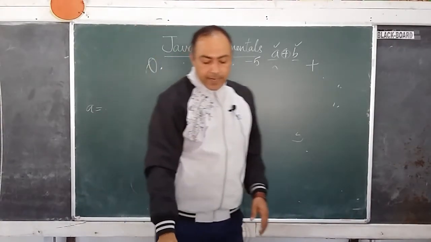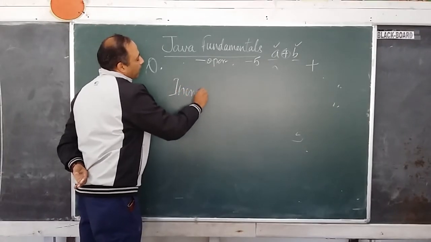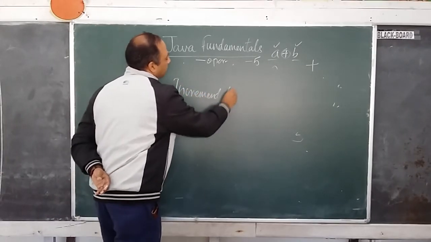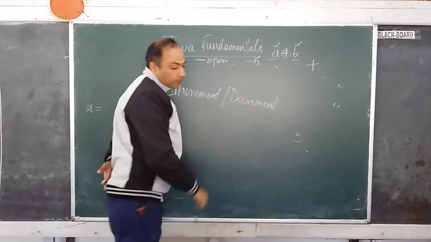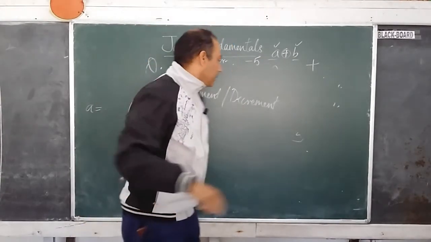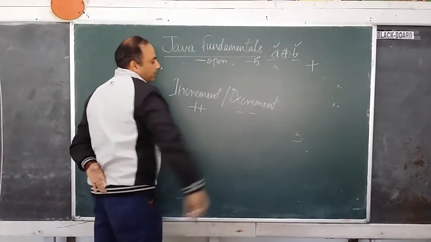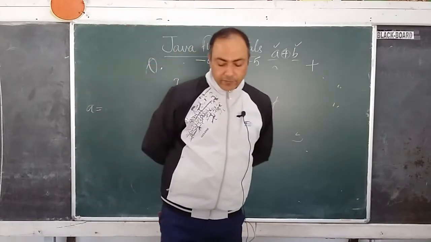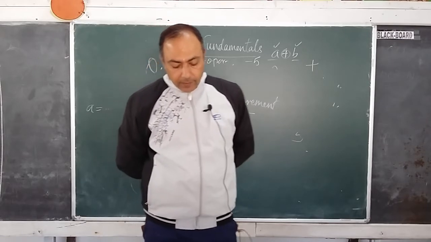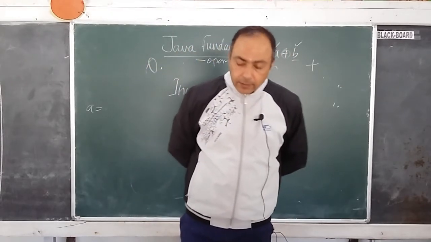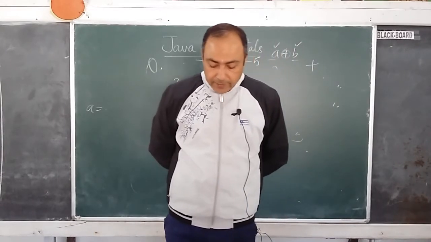Increment means plus plus and decrement means minus minus. These are very useful in Java programming, and not generally found in other computer languages, but found in Java.